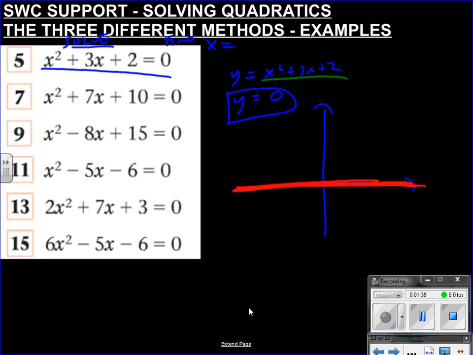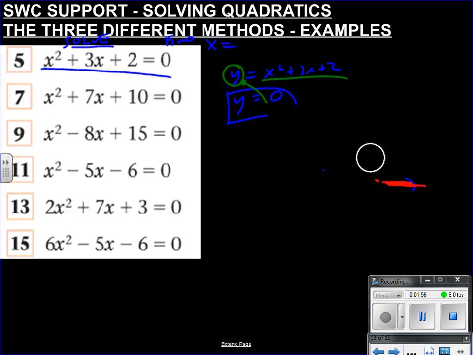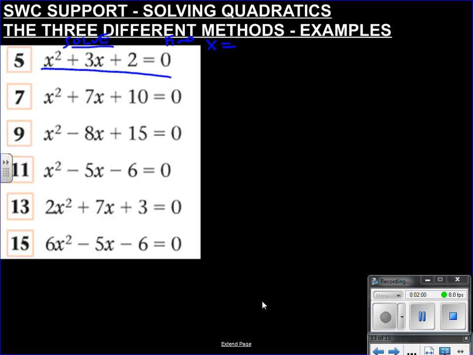When you set it equal to 0, you're saying, when does that curve meet that line? Because you have substituted y equals 0 into this y here. Okay? Watch the simultaneous equation video that I've made if you want to do more on simultaneous equations. Okay? But that's why we're setting this thing equal to 0, and that's why we're solving it.